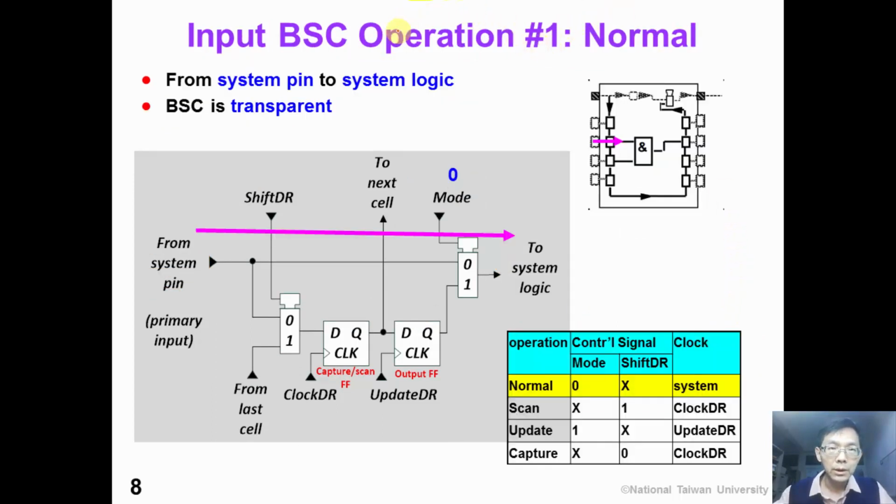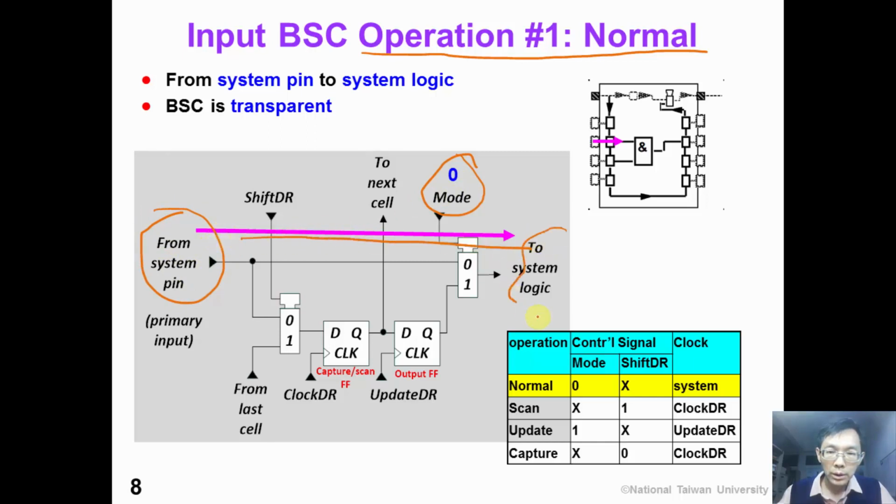The first operation is normal operation. In this operation, the control signal mode is tied to logic 0, so that the input signal comes in directly from the system input to the system logic, and the boundary scan cell is in a transparent mode.